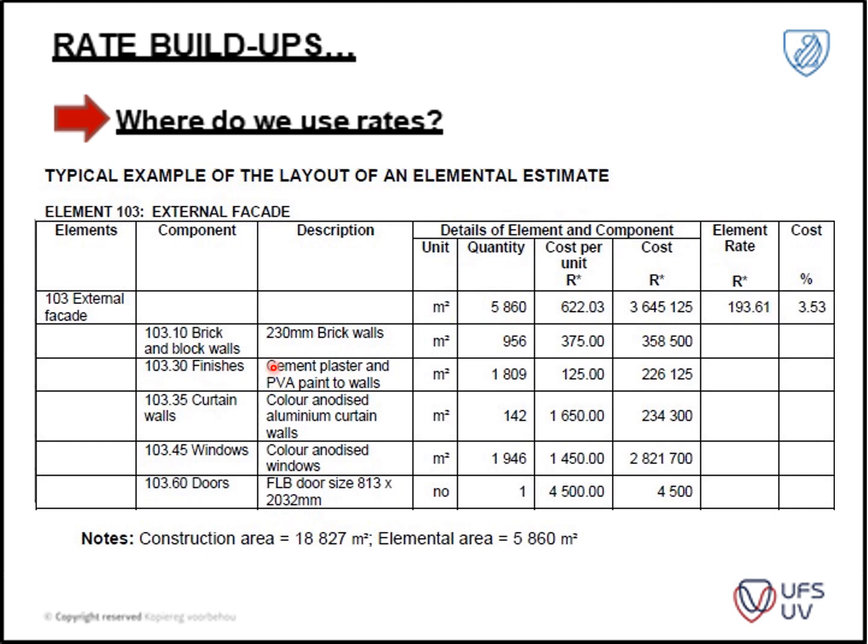If you've got a 110 millimeter wall, you will have that underneath still 103.10, and then you will go on like that. So in your description, you differentiate between different units and the rate buildups that will be conducted underneath them.